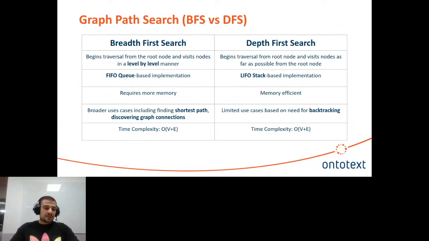Due to this reason, memory consumption is of course higher, but it also allows us to find more quickly, in the average case scenario, the shortest path between resources, and also to be able to discover actual graph connections. Both the time complexity for breadth first search and depth first search is the same in their worst case scenario, which is the number of vertices plus the number of edges.